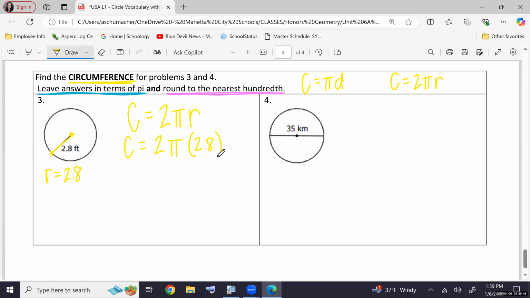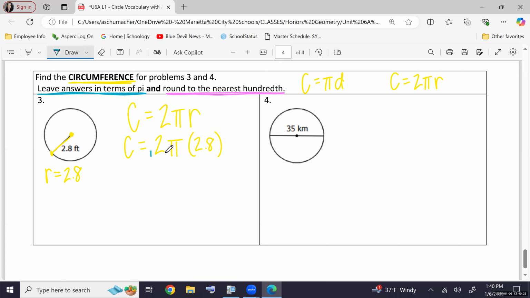Now, all of these values are written directly beside each other, and they are all being multiplied. It is 2 times pi times 2.8. When we go to find the answer in terms of pi, or the exact answer, we are going to multiply everything together except for the pi. We are going to ignore the pi. Remember, for the exact answer, you do not plug pi into the calculator.